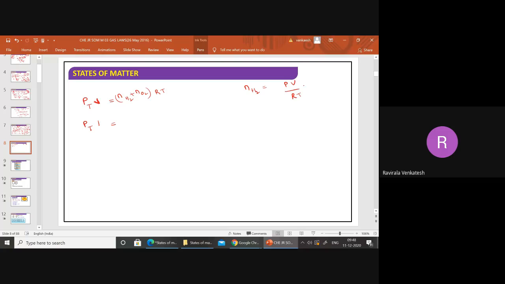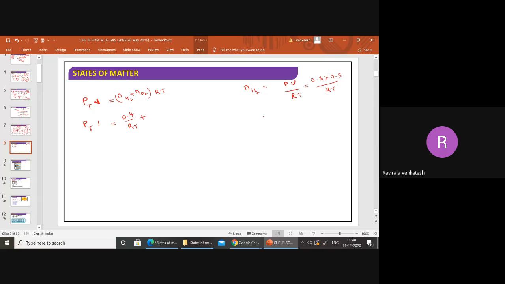Now pressure is equal to what they given? 0.8. Volume is given how much here? 0.5 divided by RT. Now 0.8 into 0.5 how much, beta? 0.4. Correct? So I am writing 0.4 RT.